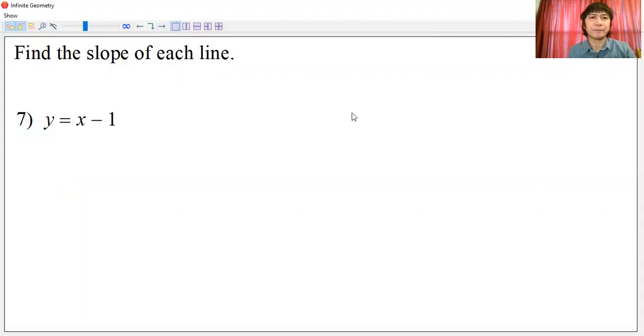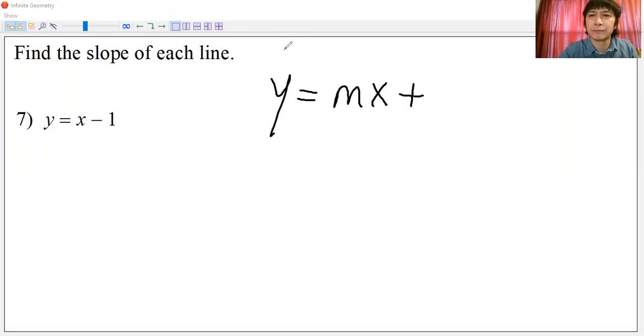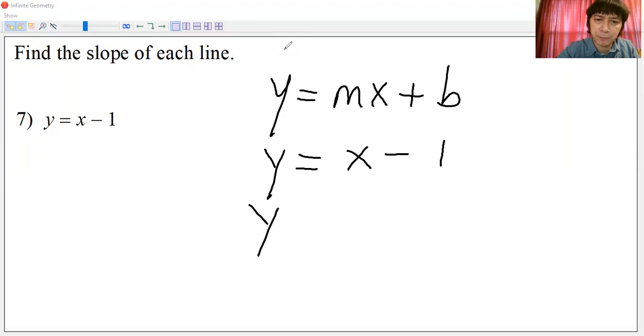Here's number 7. Find the slope of each line, okay? And let's see how it looks like. This still looks like slope-intercept form. Because you have the y at the left side of the equation, and this is x minus 1. We can rewrite this so that it will look like this.